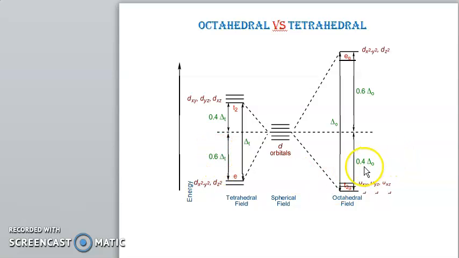This means there is also a completely different crystal field stabilization energy from del octahedral to del tetrahedral. Now this is the difference between octahedral and tetrahedral, so we have to compare the crystal field stabilization energies of these two.